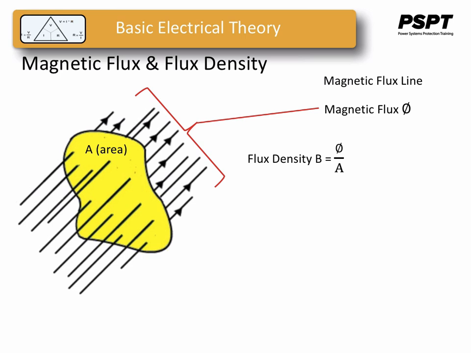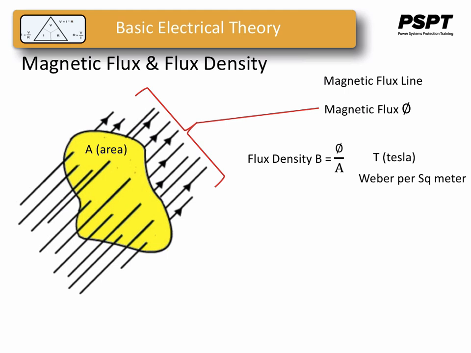It's usually defined by the capital Greek letter beta, but beta is very close to our capital letter B, so quite often you'll just see the letter B designating flux density. And the international unit used for measuring the quantity of flux density is the Tesla.